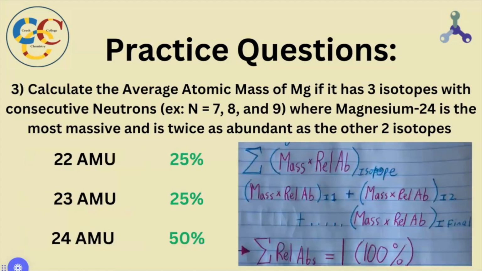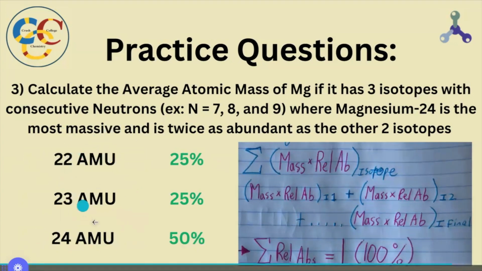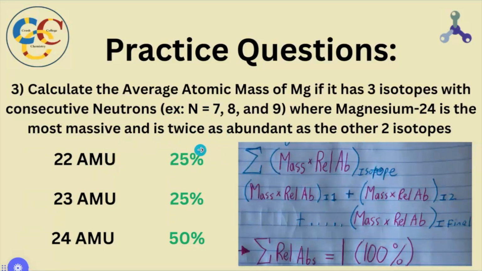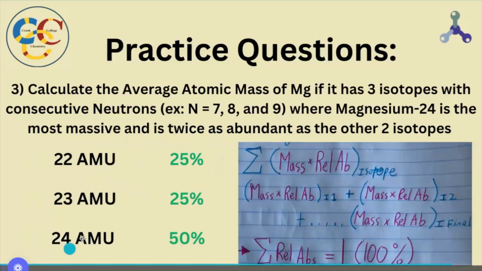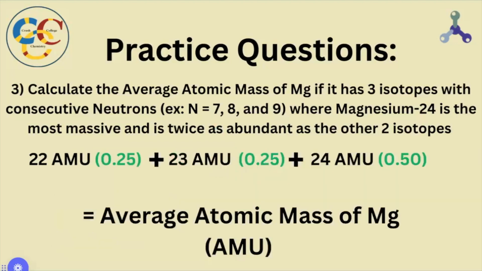Now, home stretch, we have to figure out what the average atomic mass of this magnesium element is, given the masses of the individual isotopes of magnesium and their relative percent abundances. Essentially, we have to multiply these two sets of numbers together, and these two sets of numbers together, and these two sets of numbers together, and then collect it and add it together.